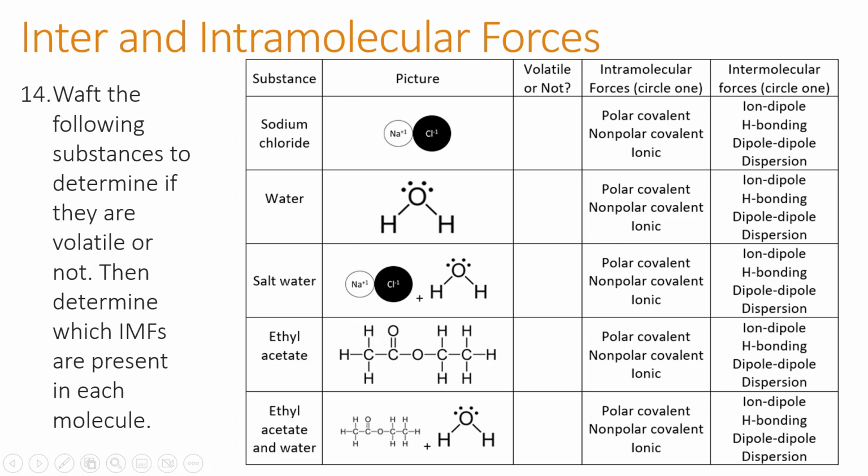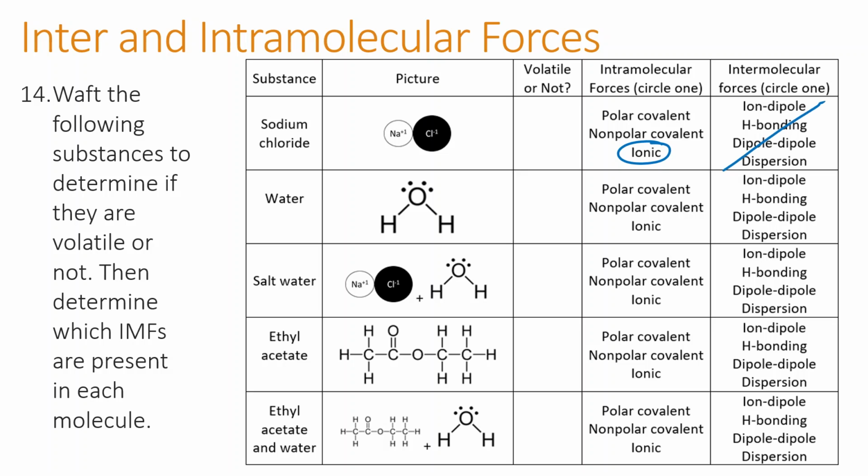So we want to look at these substances and determine whether or not they are volatile. So first one we have is sodium chloride. So sodium chloride is a metal and a nonmetal, making it ionic. So it's not going to have any of these intermolecular forces because we don't have any molecules.